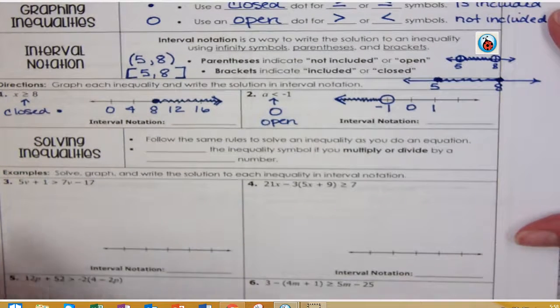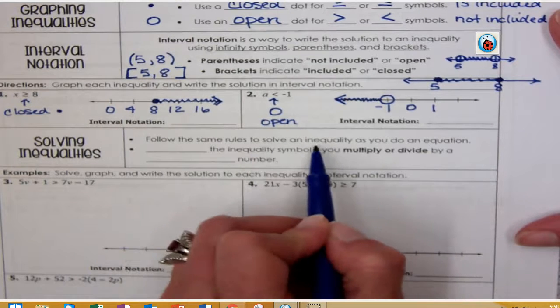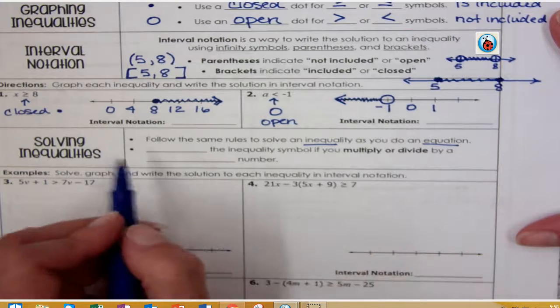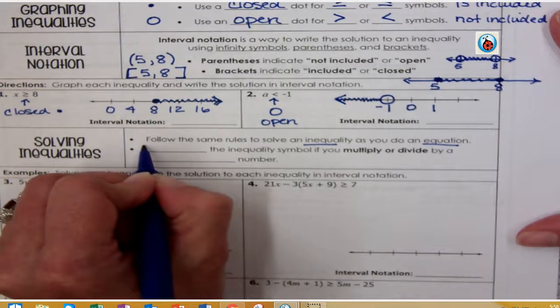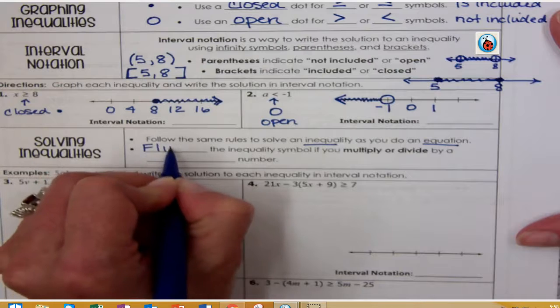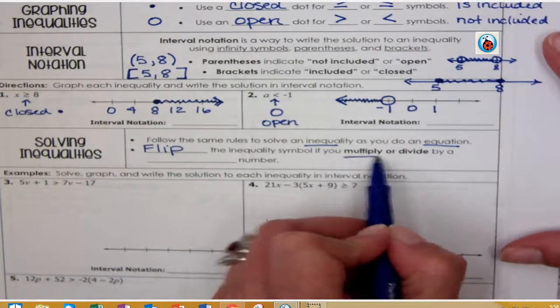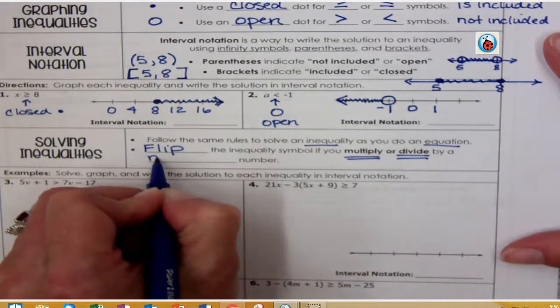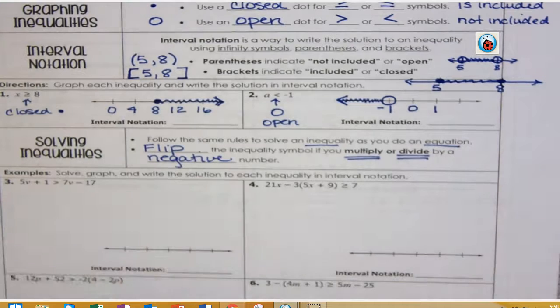All right, solving inequalities. Basically, you use the same steps to solve an inequality as you do an equation. However, you're going to switch or flip or change the inequality symbol if you either multiply or divide by a negative number.